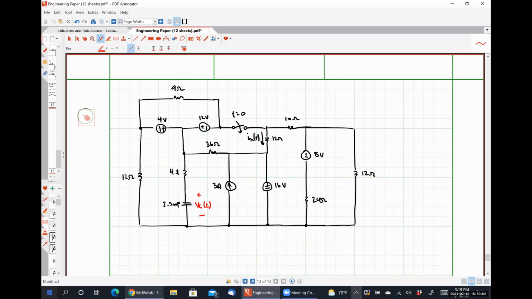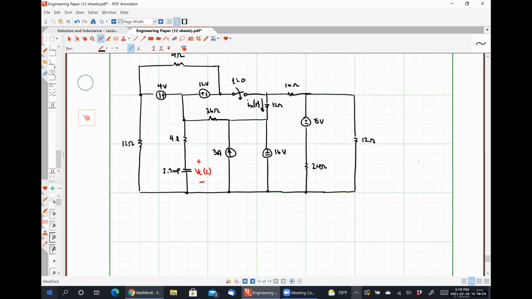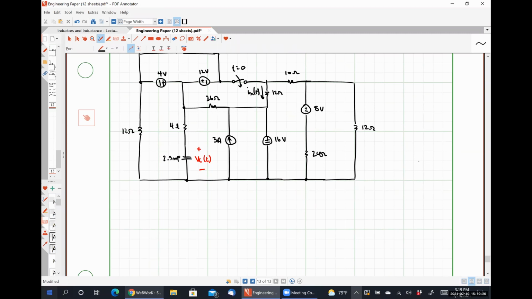All right, so this circuit has a whole heck of a bunch of sources in it, and several of them are going to remain in after our switch closes. So this is definitely a total response problem.